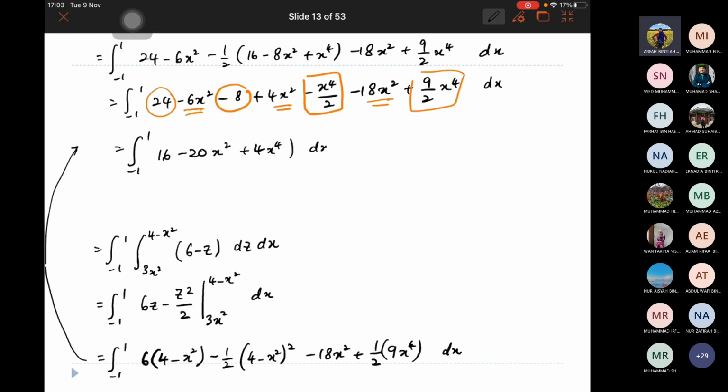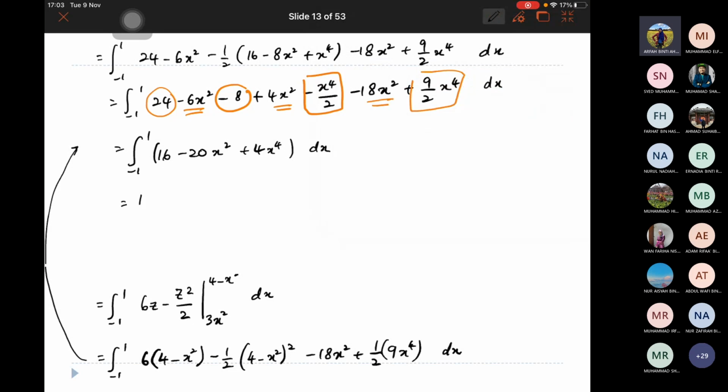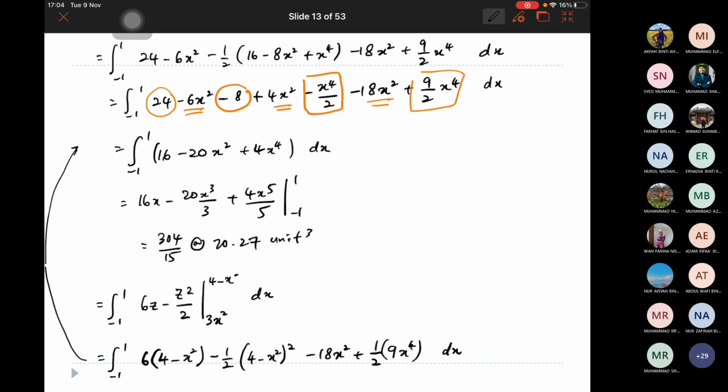Okay. Dx. So it will become sama dengan 16x tolak 20x kuasa 3 per 3 tambah 4x kuasa 5 per 5, negatif 1 dan juga 1. So akan dapat jawapan akhir 304 per 15 atau 20.27 unit cube. So dapat. Ini adalah dia punya jawapan akhir of the integration tadi.